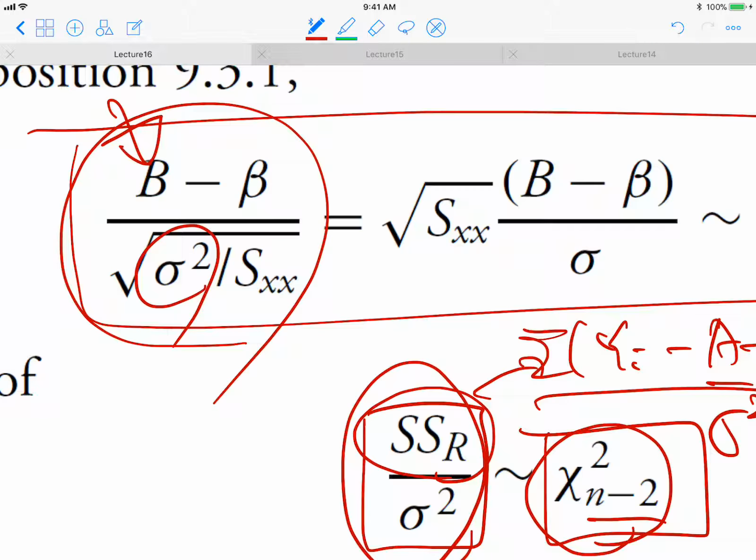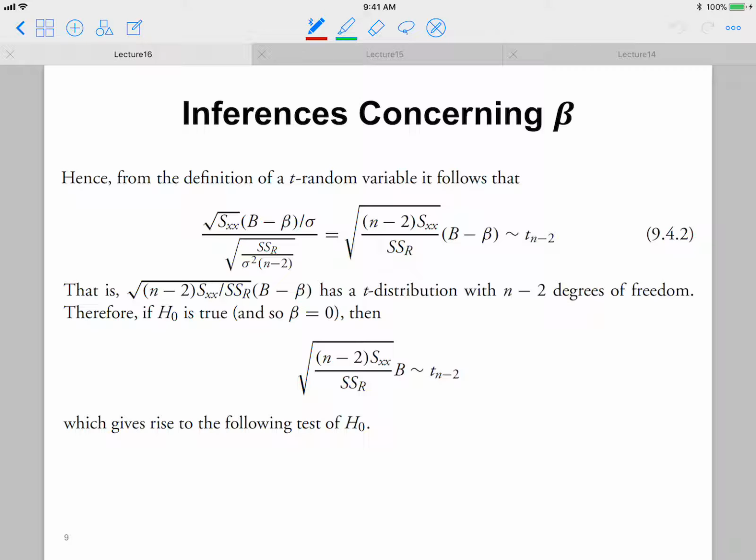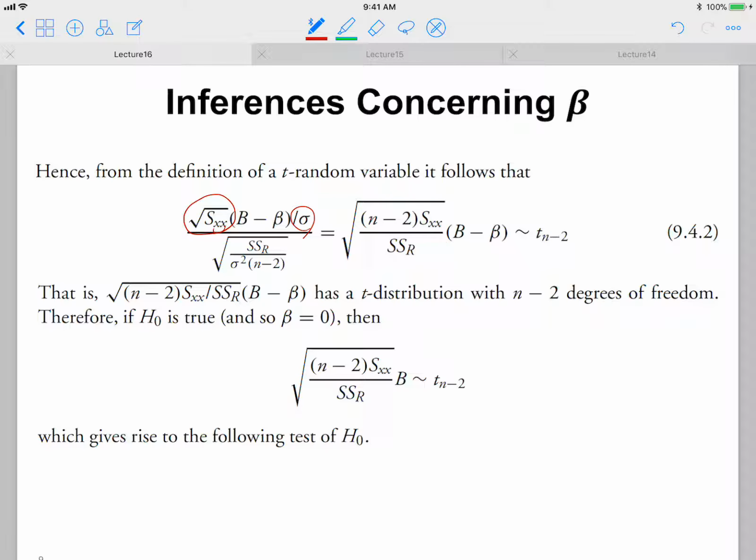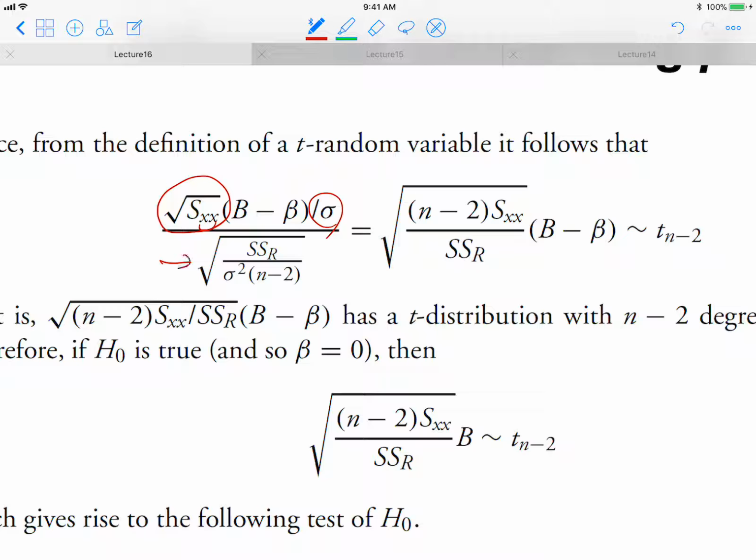Okay, so from here we just move this guy to the top, the numerator, and that way we see those two coming from the denominator. And then what about this numerator? This numerator is this part of chi-square distribution with n minus 2 degrees of freedom divided by n minus 2.